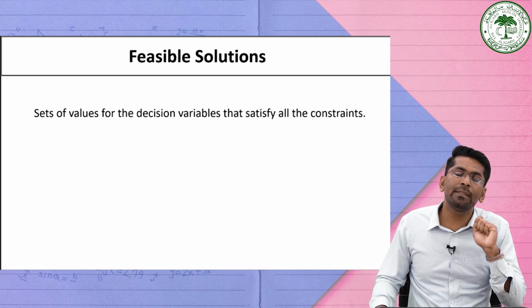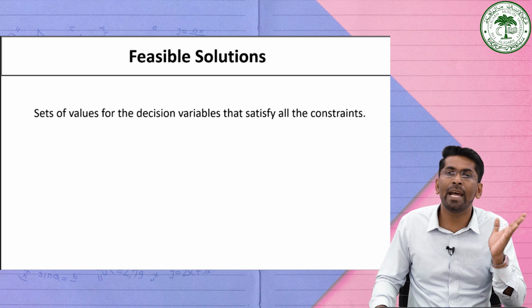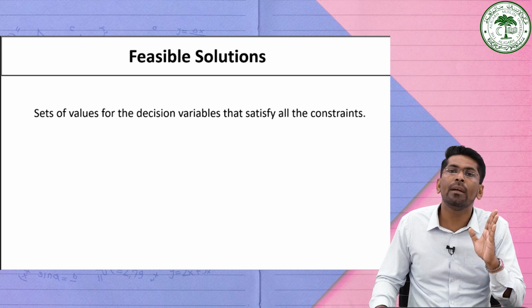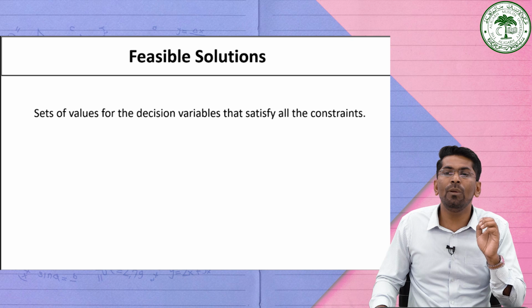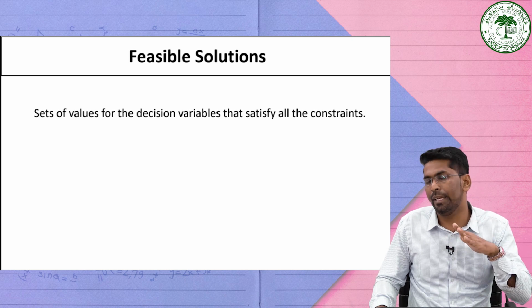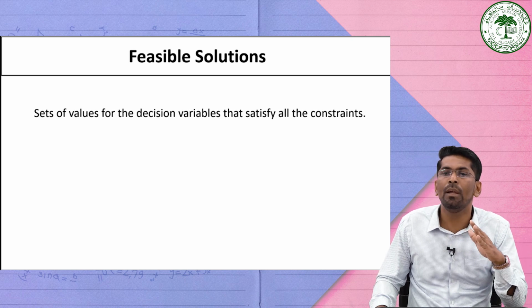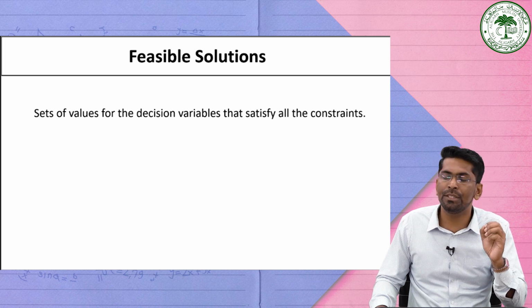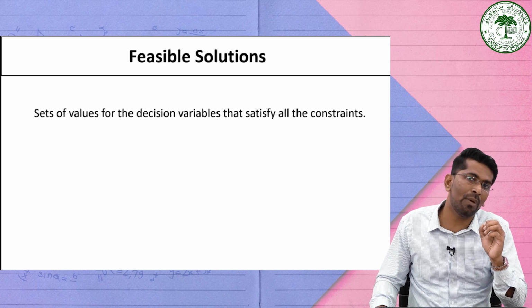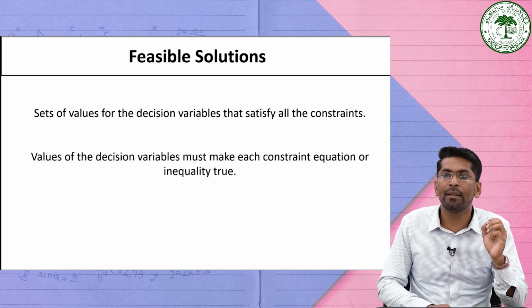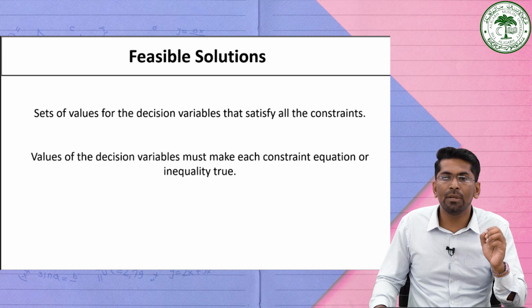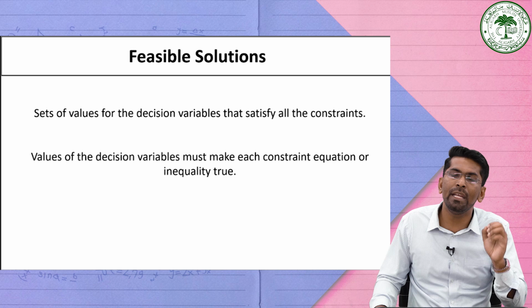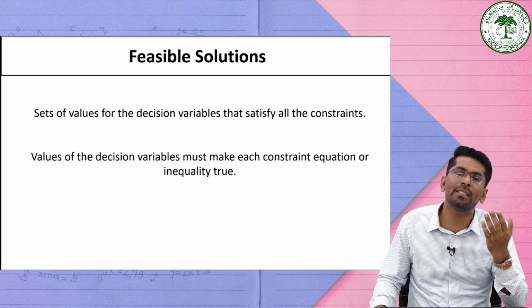If the constraints are satisfied, there may be a number of solutions that satisfy them. So these solutions lie within the feasible region. That means all are achievable, which are the set of all possible combinations of decision values that satisfy the constraints. So it means that the values of decision variables must make each constraint equation or inequation true, that means satisfied.